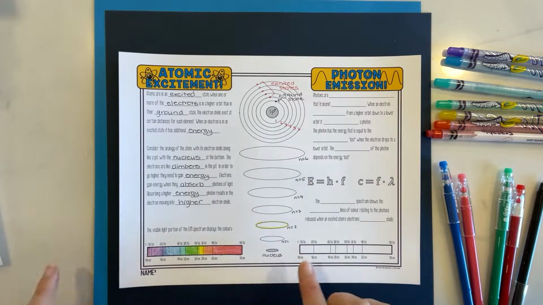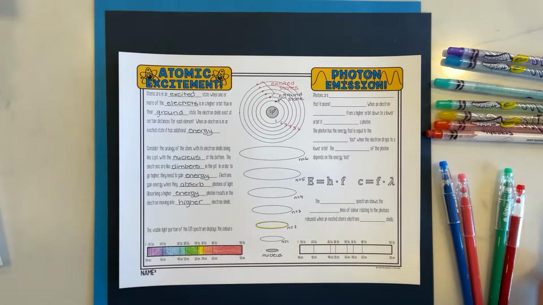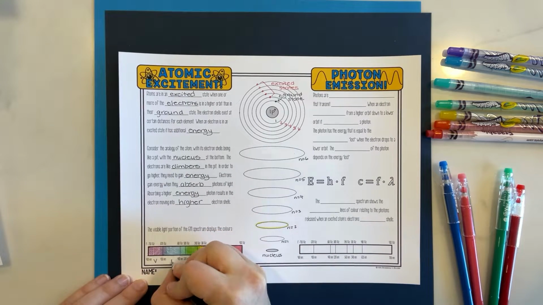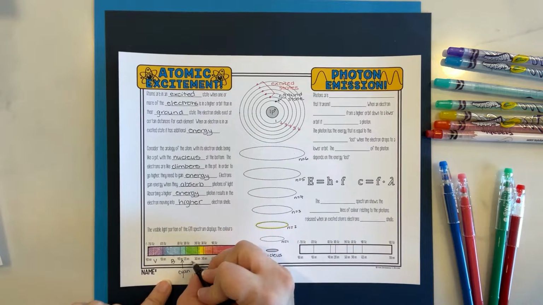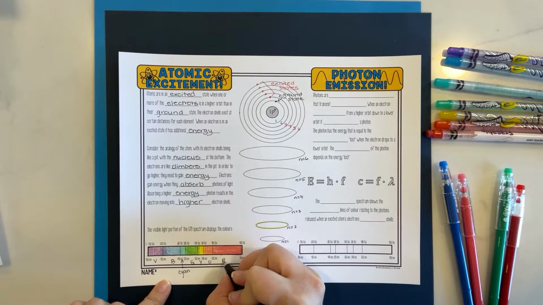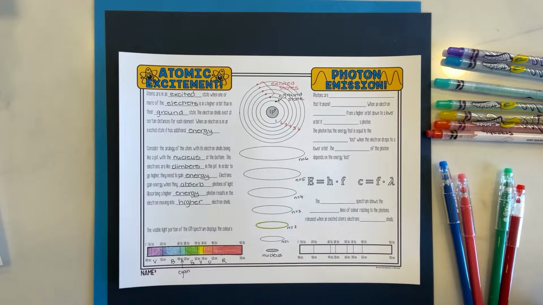So students will recall the visible spectrum. We've got violet, blue, this here is cyan. That comes in handy when using the emission spectrum of different elements. Green, yellow, orange, and red, and that should be familiar to them.